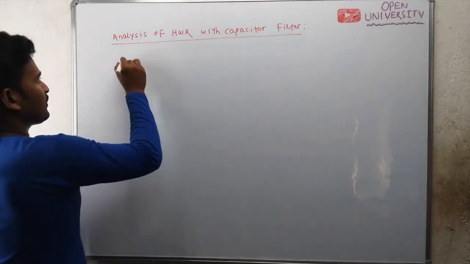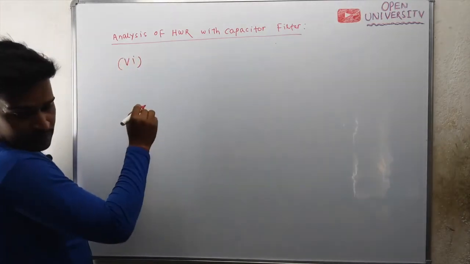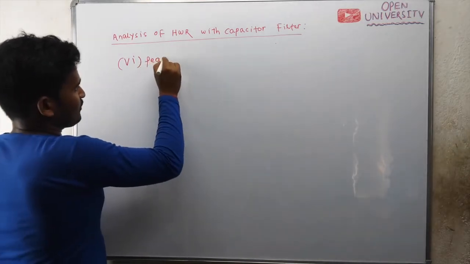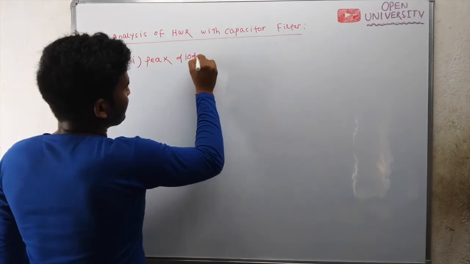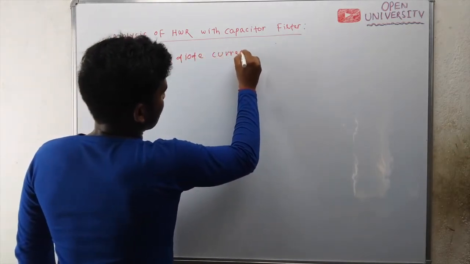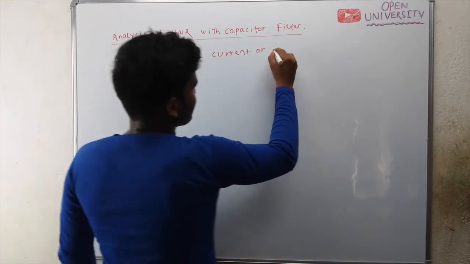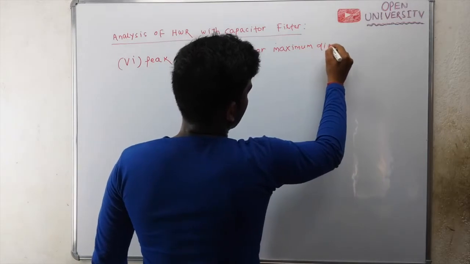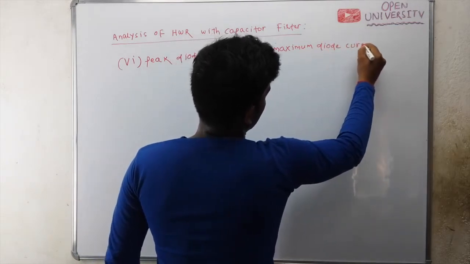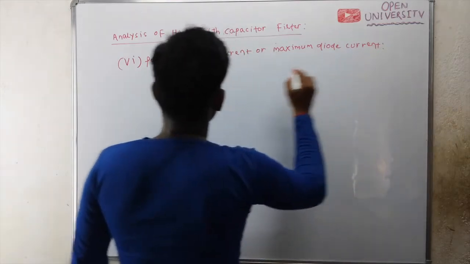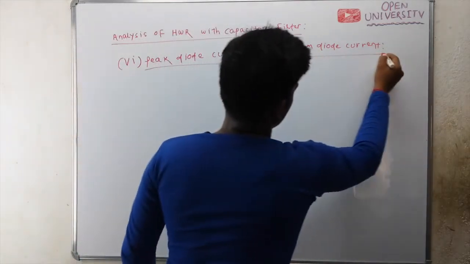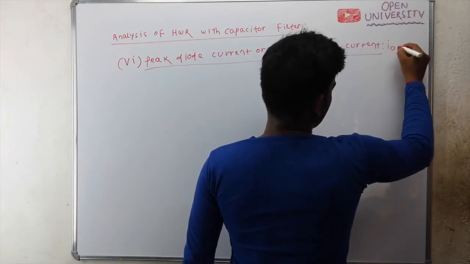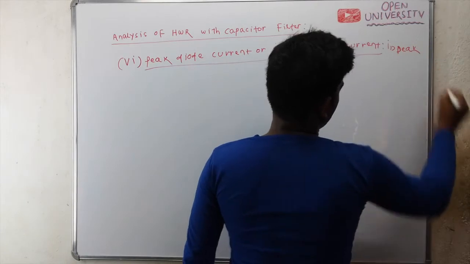Sixth point, that is your peak diode current or maximum diode current. I am denoting it with ID peak.